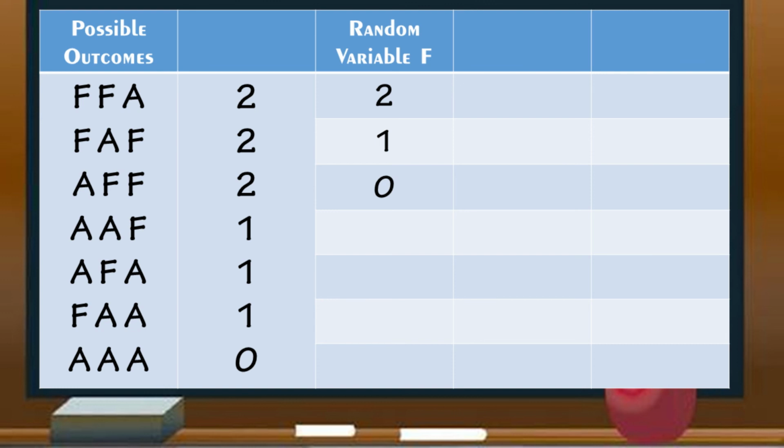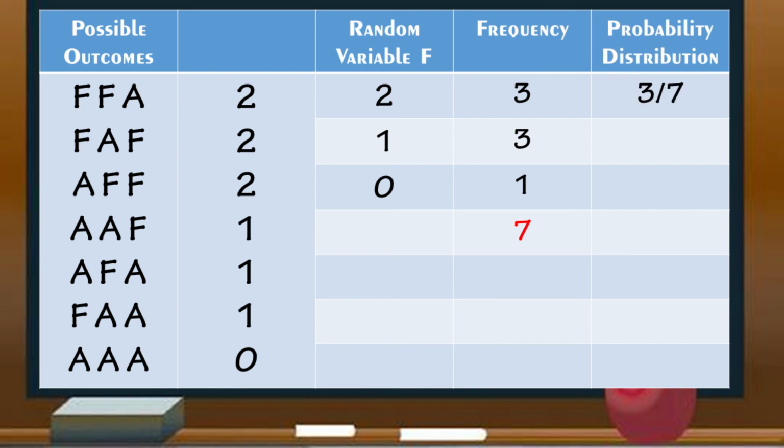Fourth step. Determine the frequency. The first one is 3, the second is 3, and the third is 1. That will give us a total of 7. And the fifth step, the probability distribution. We have 3 sevenths, 3 sevenths, and 1 seventh.